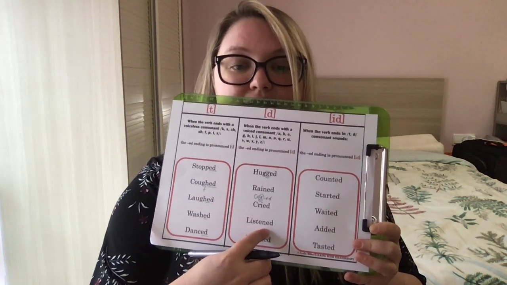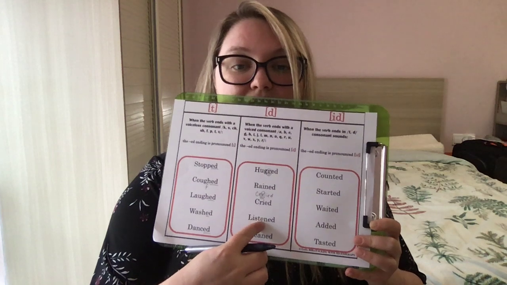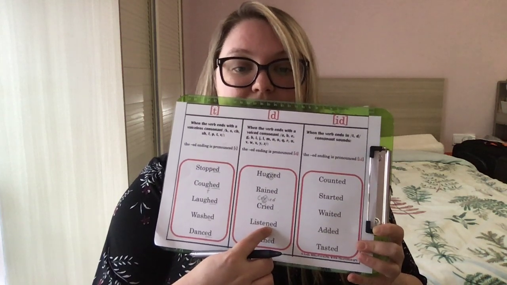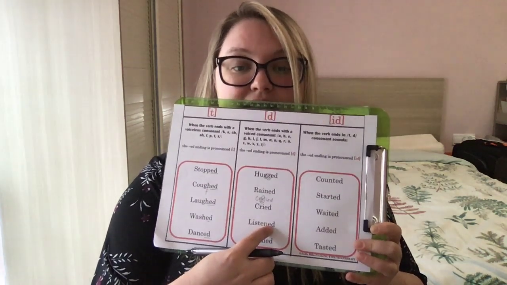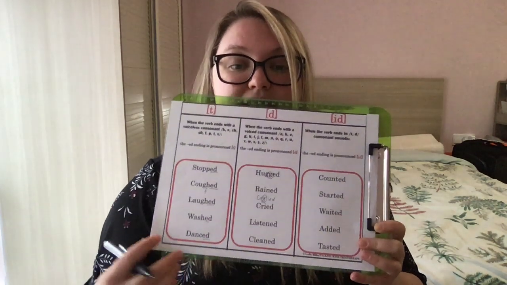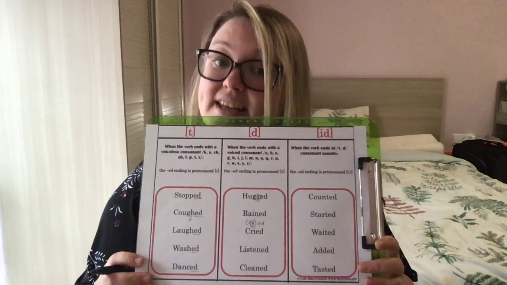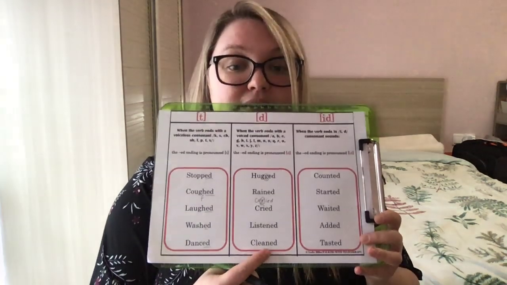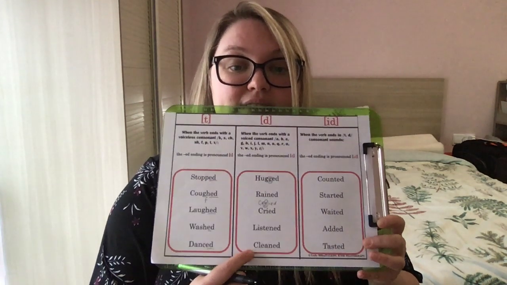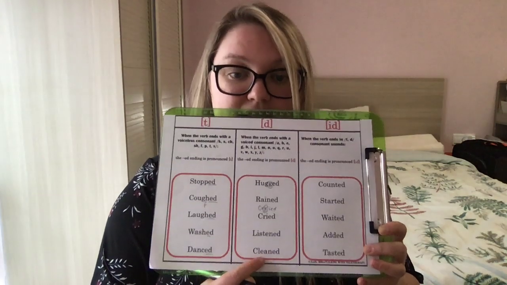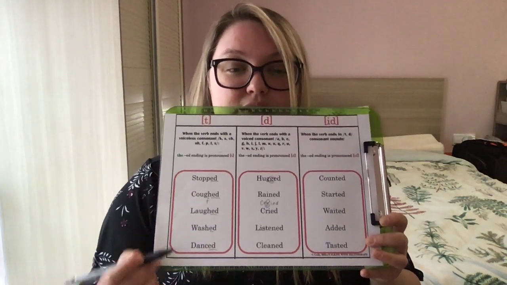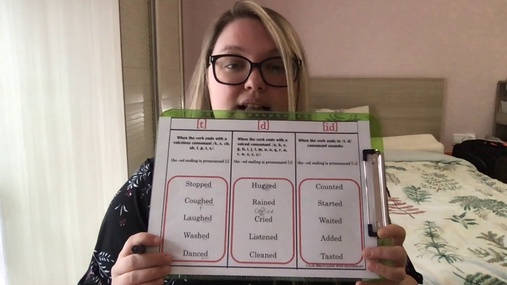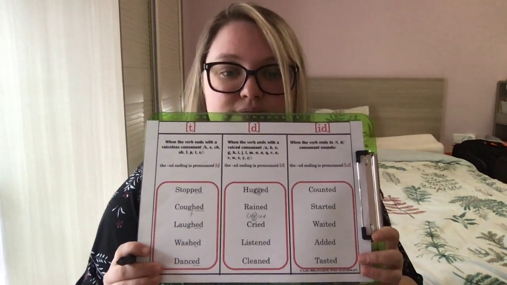The N here makes it a D sound for ED. It's not listent, it's listened. It's not cleant, it's cleaned. There's no E sound there. So the N in listen and clean give the ED a D sound.